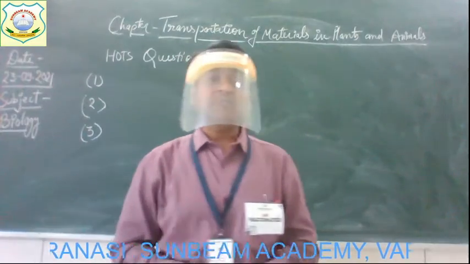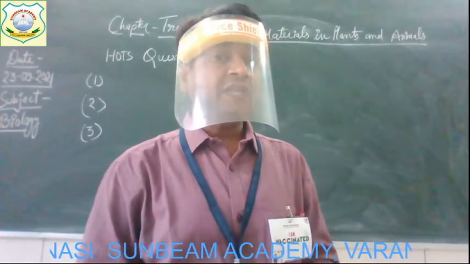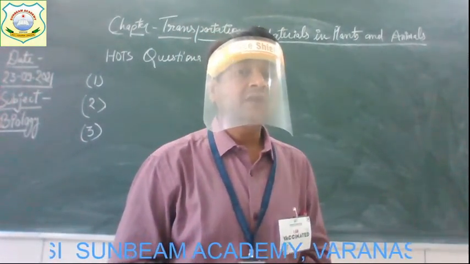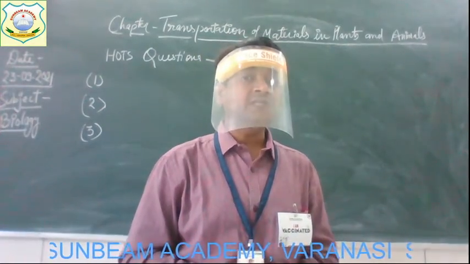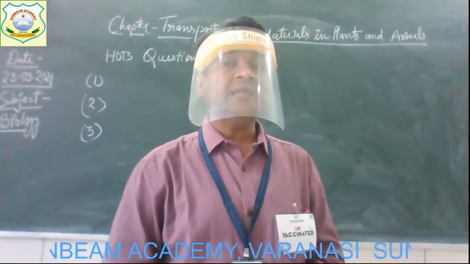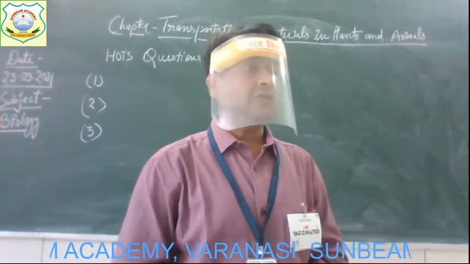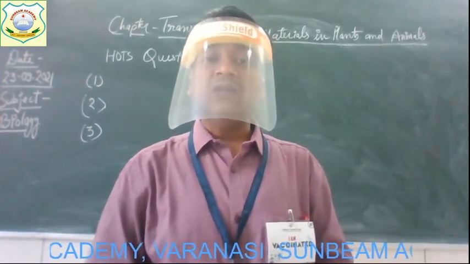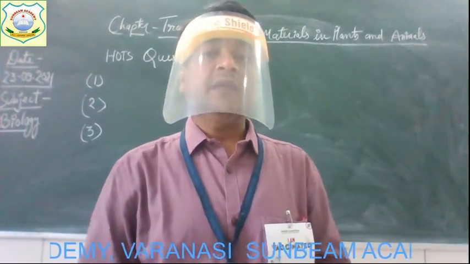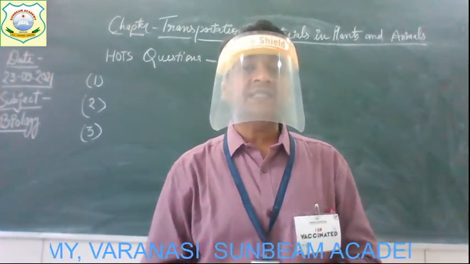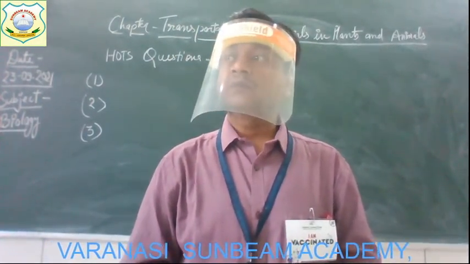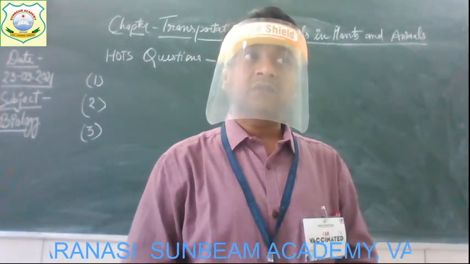Now question number 3. If vegetables such as brinjals or ladyfingers become somewhat dry and shriveled, they are put in water, they start looking fresh again because water enters inside them. Understood children? What is given in the statement?